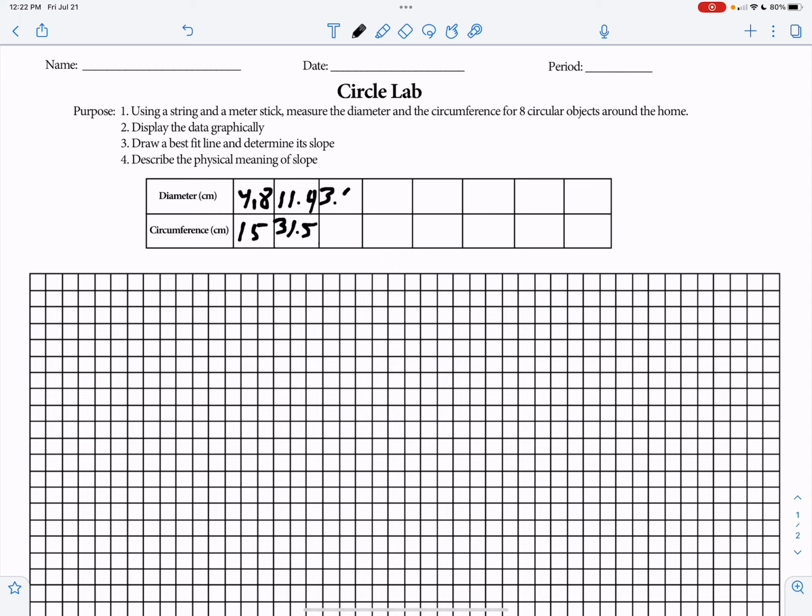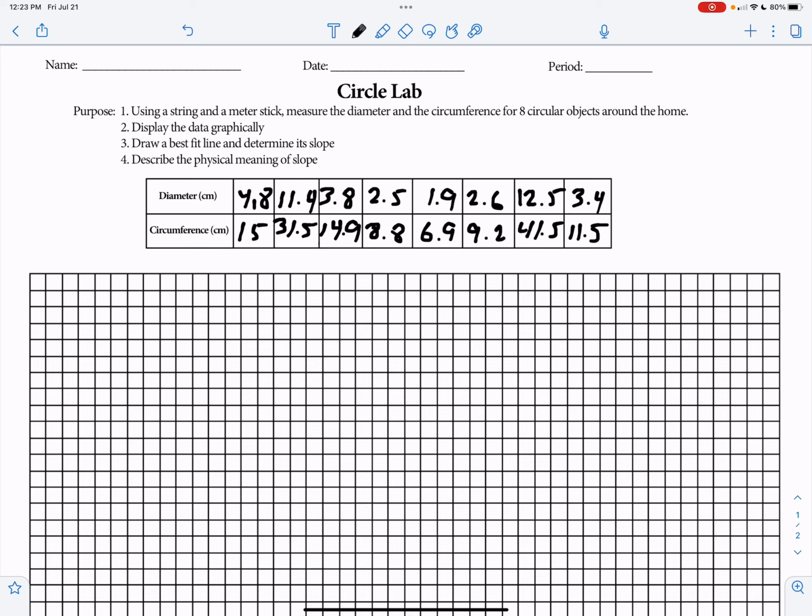Let's see, 3.8, 14.9, 2.5, let's see, 8.8, 1.9 and 6.9, 2.6 and 9.2, 12 and a half and 41 and a half, 3.4 and 11.5.